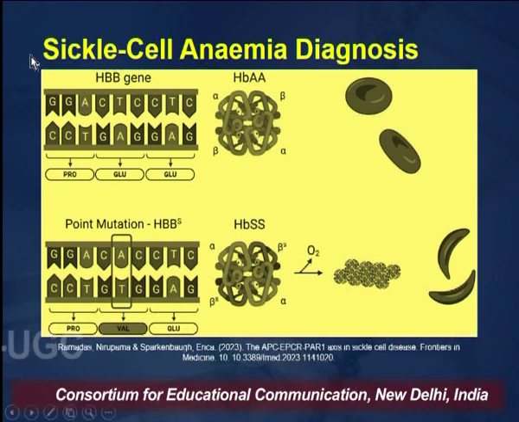Stringency refers to the binding of the probe to the nucleotide sequence, whether you require 100% complementarity or you are lenient enough that 2 or 3 mismatches can be accommodated and still the binding will occur.